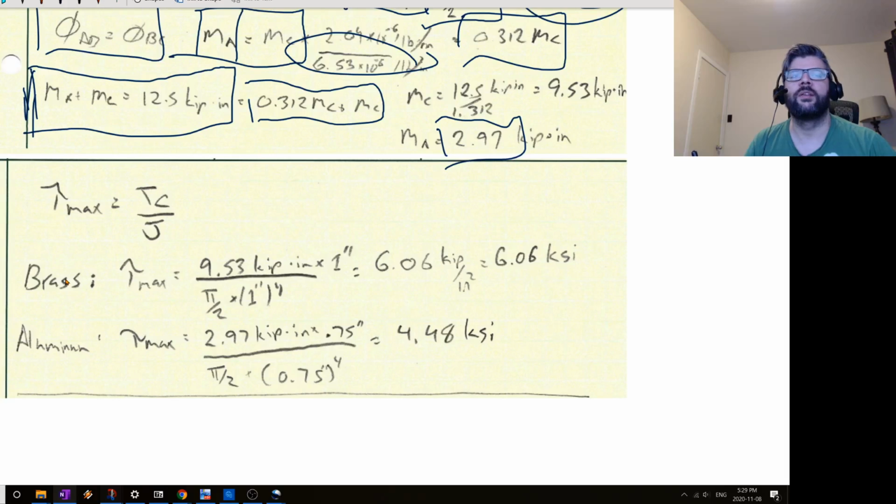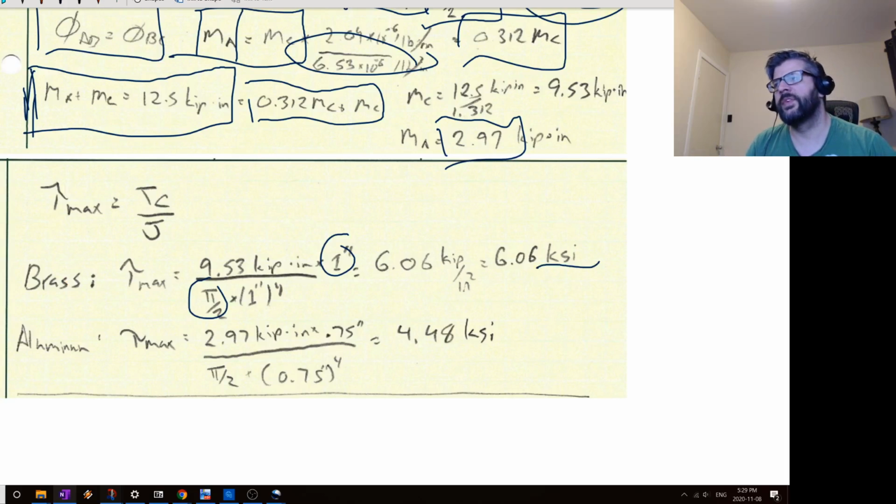So if we want to find out what the stress levels are in those materials, again, it's just our T times the radius divided by J. So for the brass, 9.53 kip inches times 1 inch divided by pi over 2 times 1 inch to the 4th gives us 6.06 KSI.